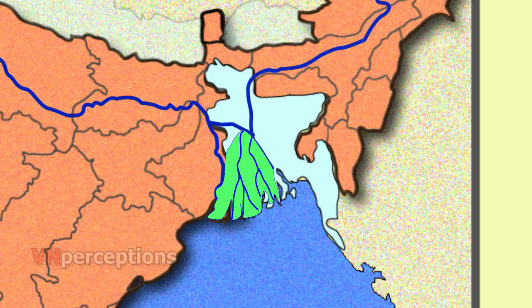The Ganga Delta is also known as the Ganga Brahmaputra Delta or the Sundarbans. It extends in West Bengal and Bangladesh. It is one of the most fertile regions in the world and is called the Green Delta. The delta stretches from the Hooghly River to the Meghna River.